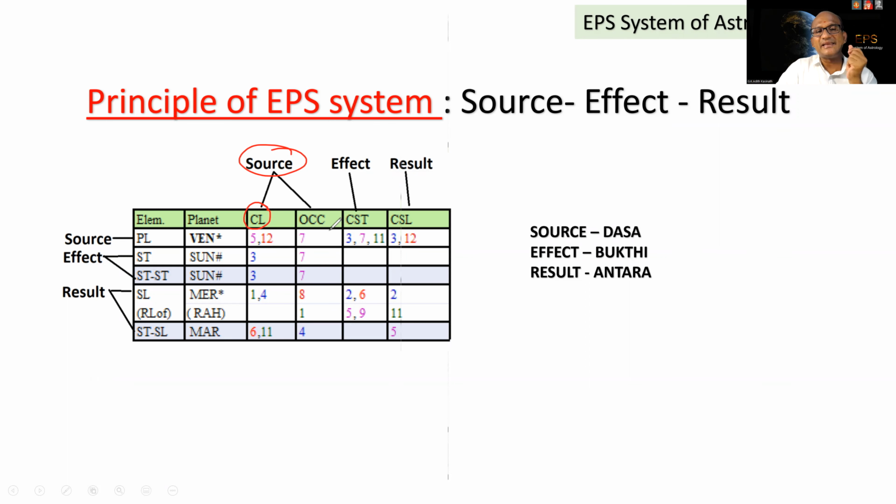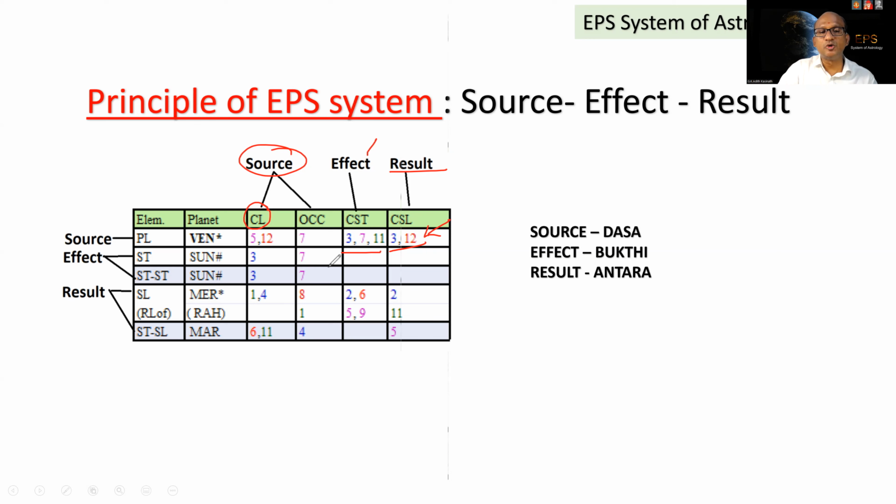That planet being cuspal star lord for which houses is the effect. And cuspal sublord for the 3rd and 12th houses is the result. It means Venus has the authority for the 3rd cusp and 12th cusp, and it also owns 3, 7, 11, giving some impact, effect to the 3, 7, 11 houses.